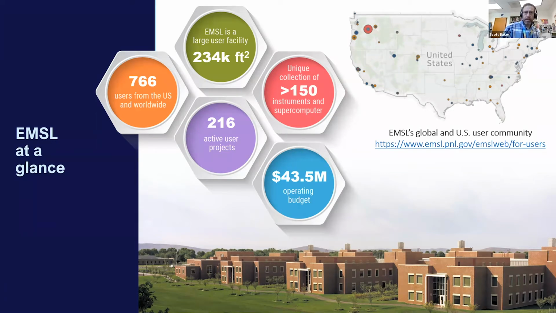And our annual operating budget is currently around $43.5 million. That funding comes to us to work with users on some of our over 150 instruments, as well as a supercomputer.